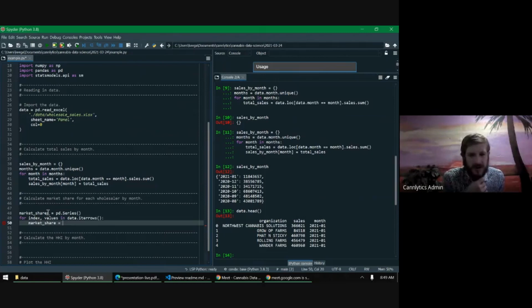We're just going to iterate over the rows. And then the market share is simply going to be the sales divided by the sales by month of that particular month.